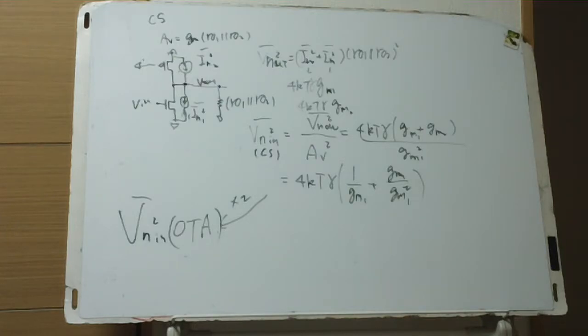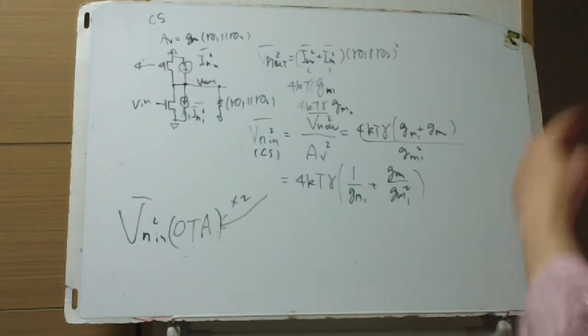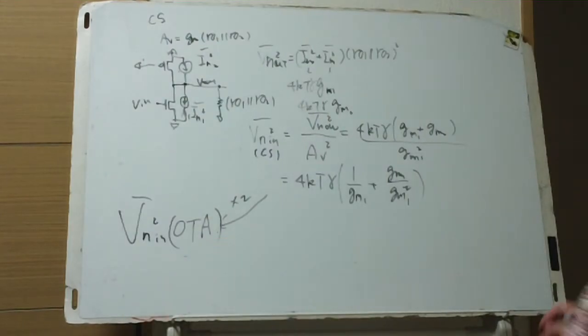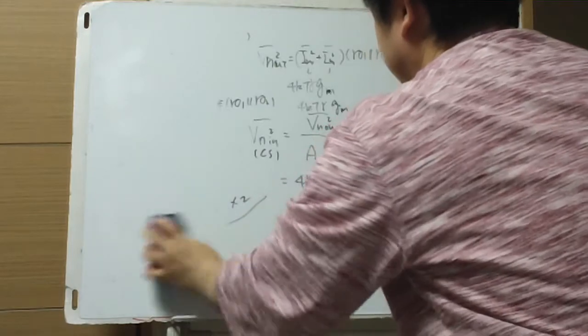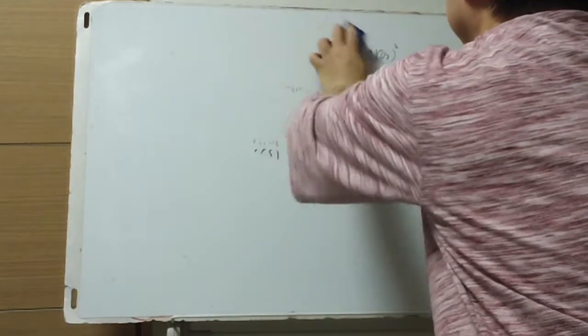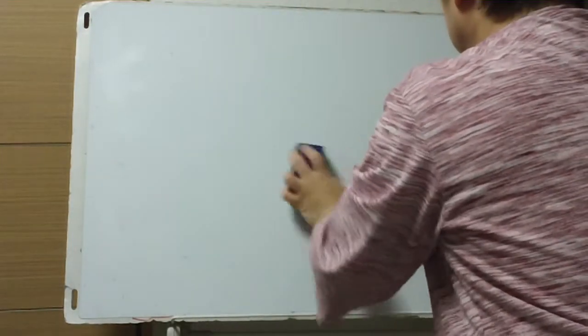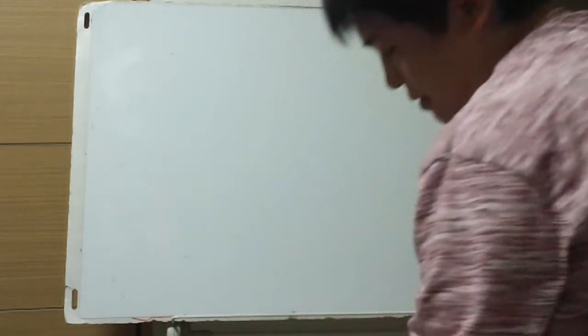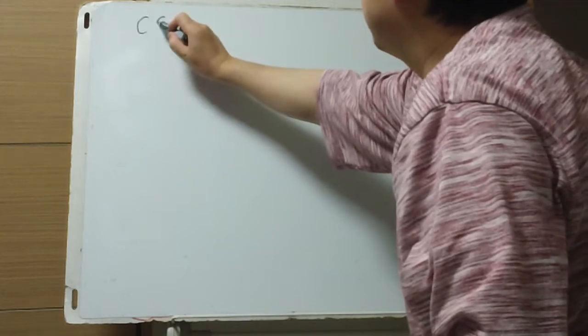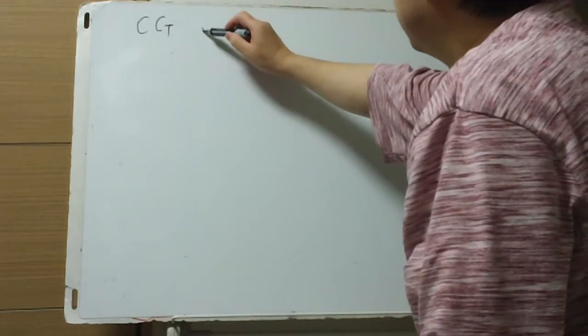And next, I'd like to check the common gate stage input referred noise. The common gate stage is like this.